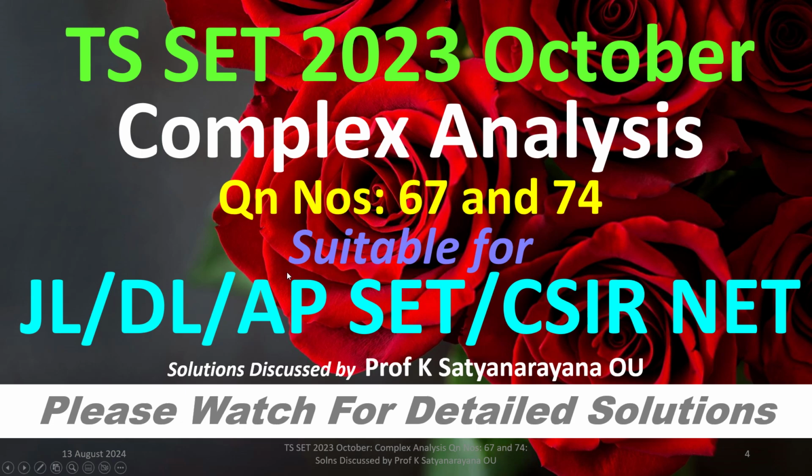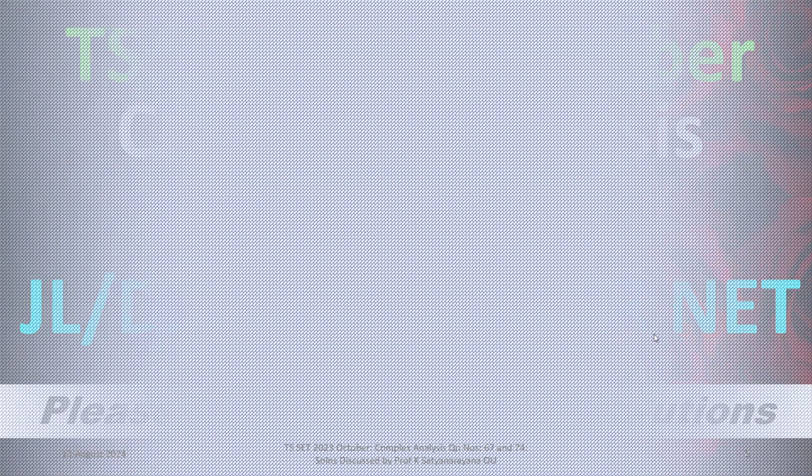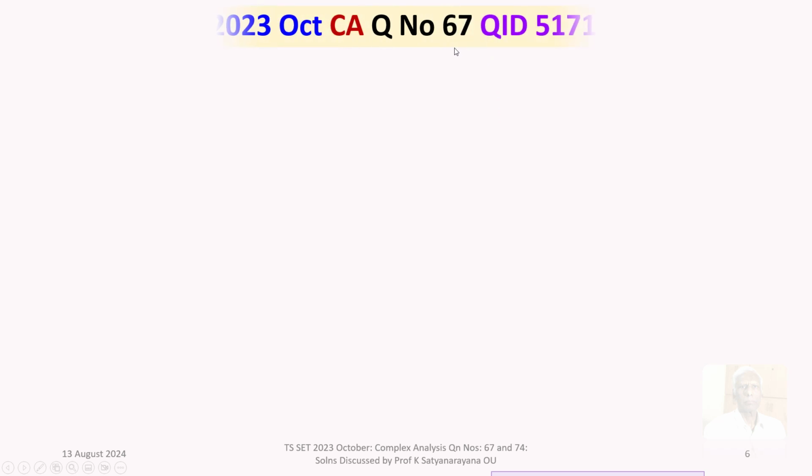These two questions are suitable for the aspirants of junior lecturers, degree lecturers, AP SET, CSIR NET. We first take up the first question, that is question number 67, bearing the question ID shown here.